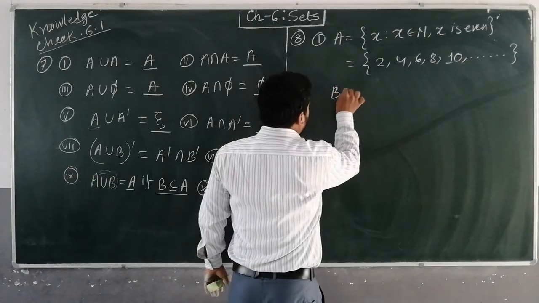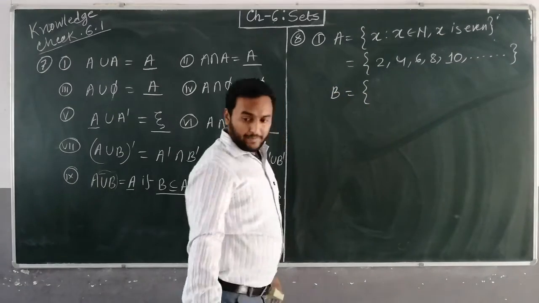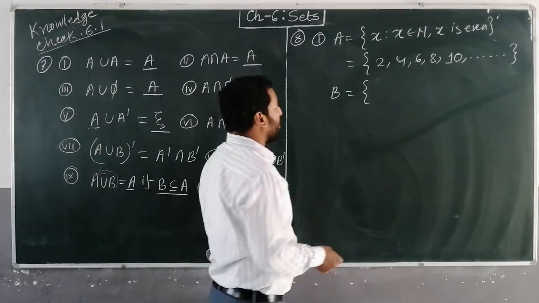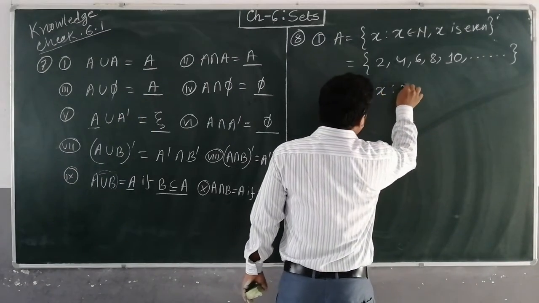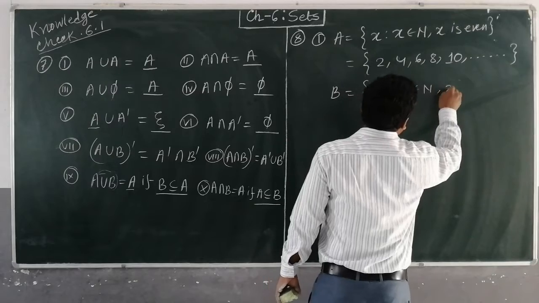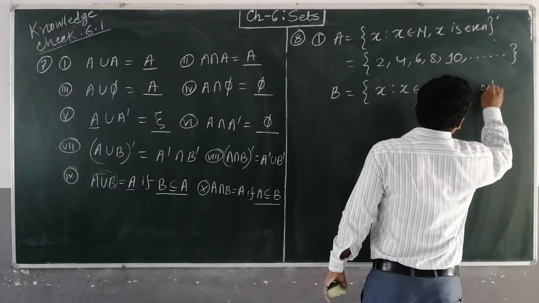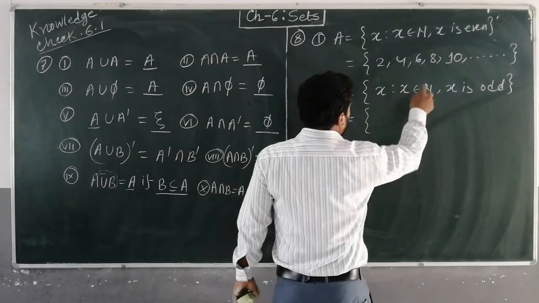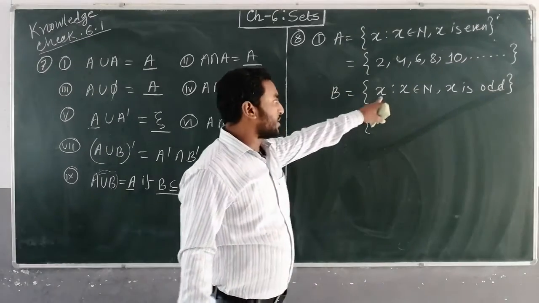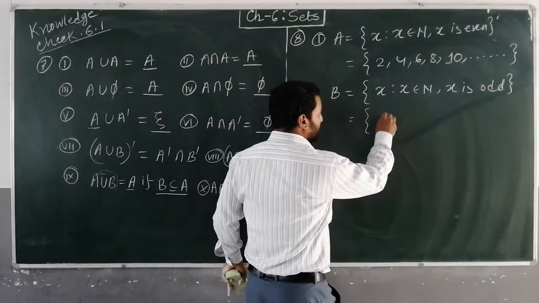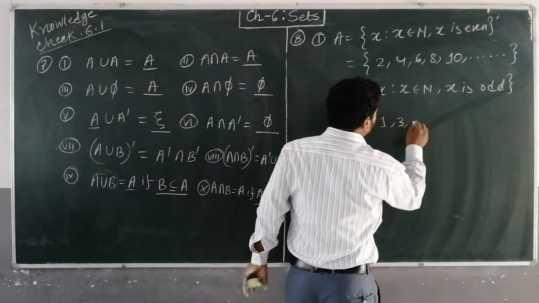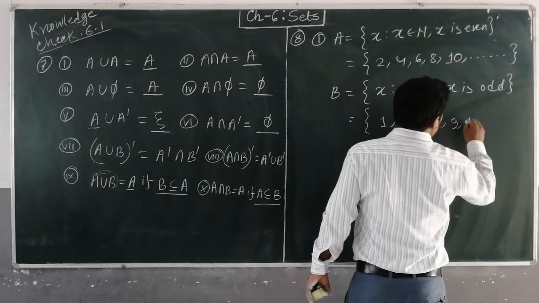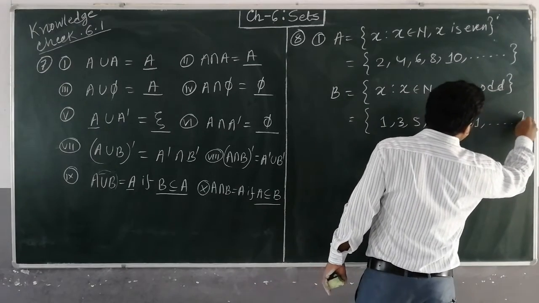Now the set B. B is the set of x such that x belongs to natural numbers and x is an odd number. This is the set of odd natural numbers, which means 1, 3, 5, 7, 9, 11 and so on.